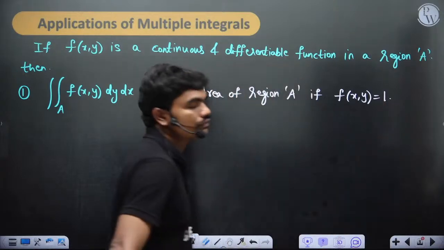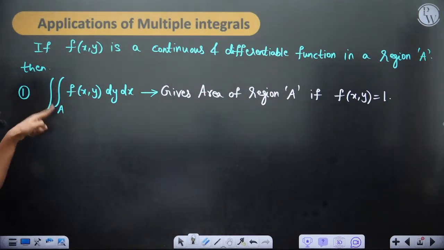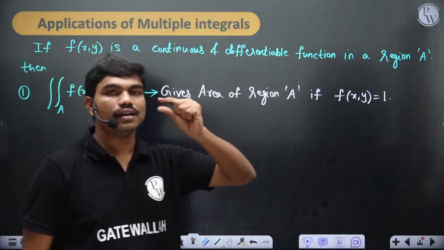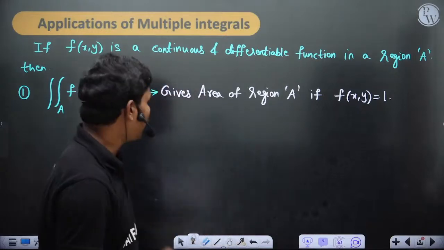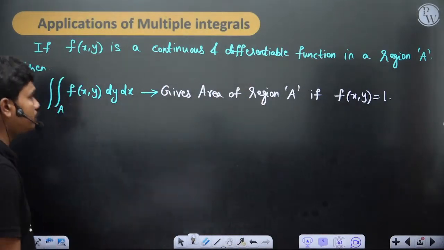So if this is actually 1, then this becomes double integral over A of dA. I have told you, when you take a small elemental rectangle of length dx and height dy, the area of the small rectangle is dx dy, and if you integrate it over the complete area, you get the total area of the region. Okay, which we have seen.